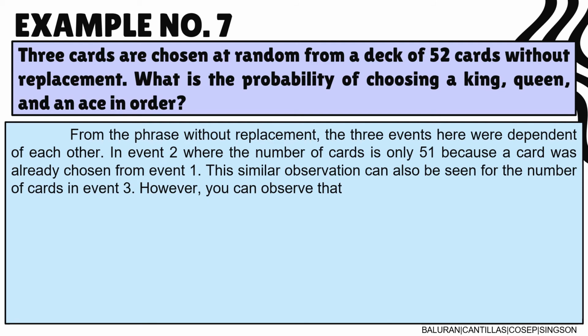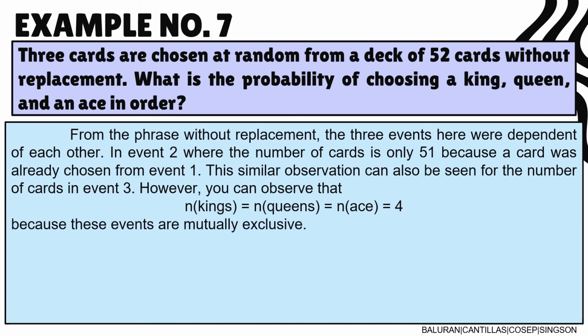However, you can observe that the cardinality n of the king is equal to the cardinality of the queen, which is also equal to the cardinality of the ace, which is equal to 4, because in a deck of cards we have 4 kings, 4 queens, and 4 aces.